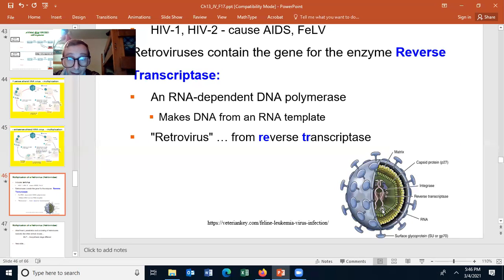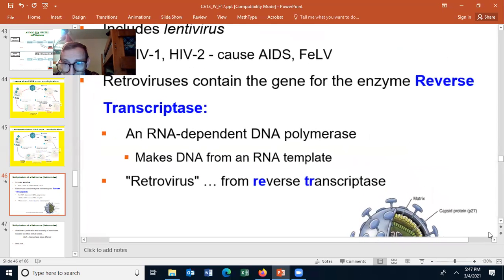The virus has an RNA genome, of course, and it's a positive strand. What's a little unusual for this virus is it has two molecules of the positive strand RNA. You don't need to know that specifically, so I'm just showing you the picture. But it has reverse transcriptase in there. Does anyone see it? Oh, there it is, which you can barely see.